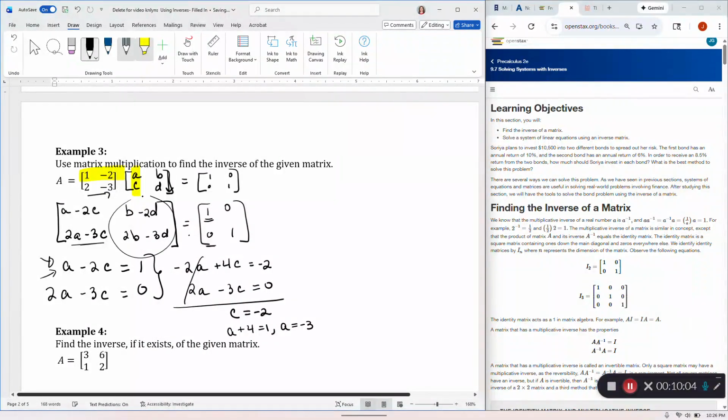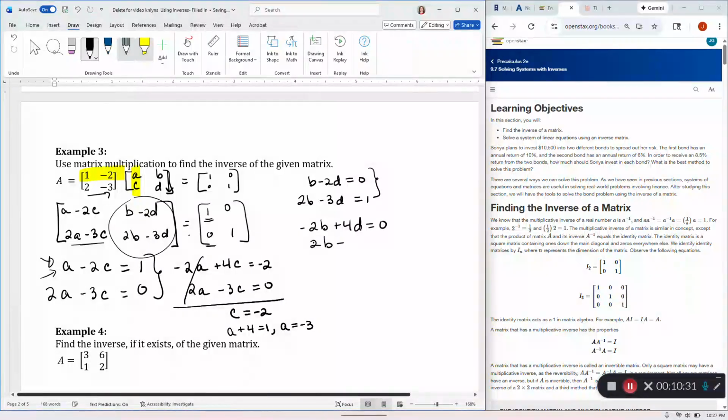So these last two are telling me that B minus 2D is 0 and 2B minus 3D is 1. Okay? I'm going to multiply the top equation by a negative 2: negative 2B plus 4D equals 0.